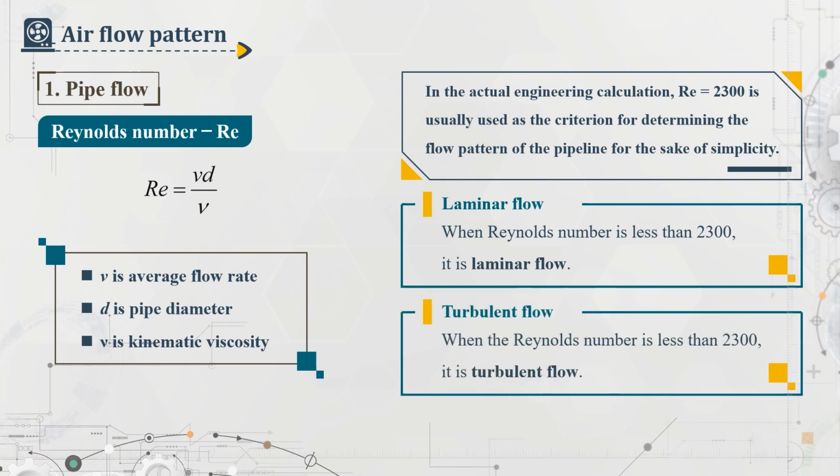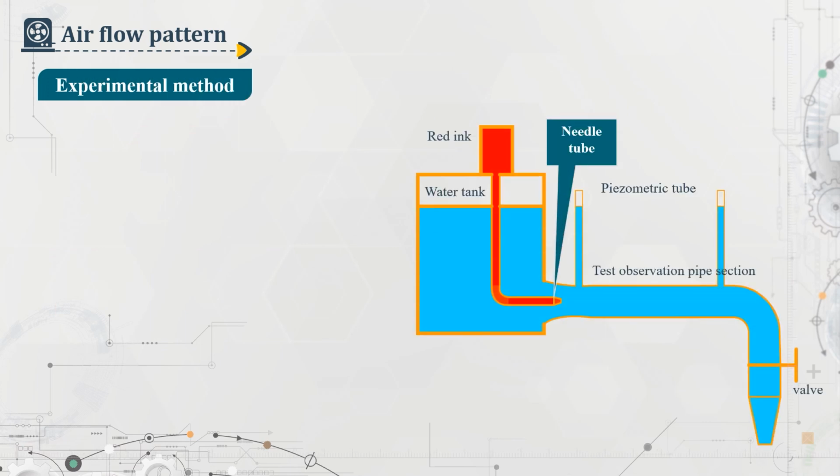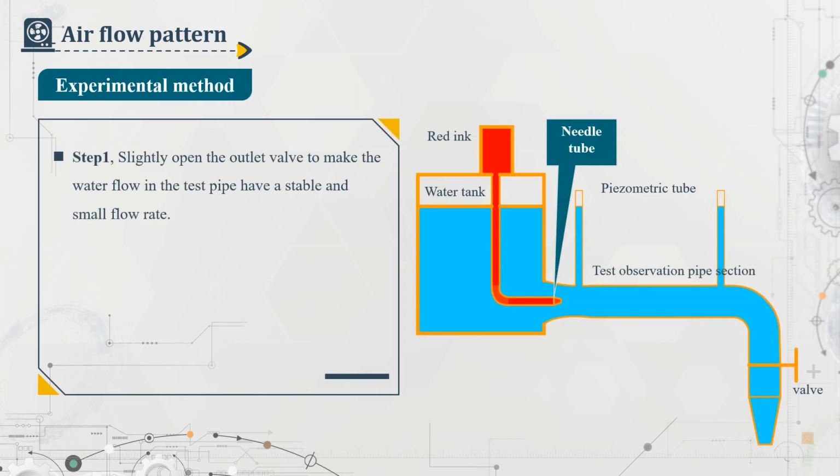The experimental method for testing laminar and turbulent flow is as follows. Step 1. Slightly open the outlet valve to make the water flow in the test pipe at a stable and small flow rate. Step 2.